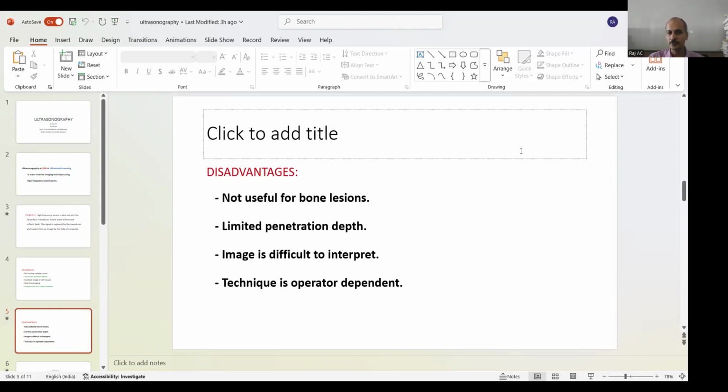Image is difficult to interpret. So it is a technique sensitive thing, the technician or doctor should know more about the area which is scanned. So only those doctors who are well versed with the parotid gland can interpret the parotid gland with ultrasonography. The technique is operator dependent.